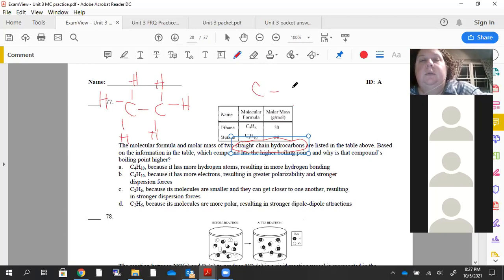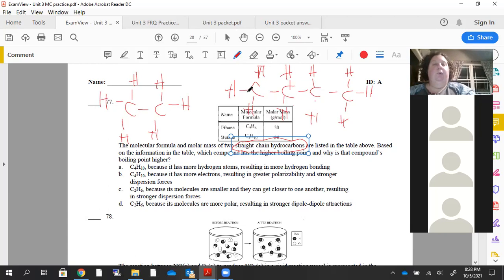Butane is 4 carbons in a straight line with those 10 hydrogens around it. Structure-wise, these are both nonpolar molecules. They're very symmetrical. They're carbon-hydrogen bonds.